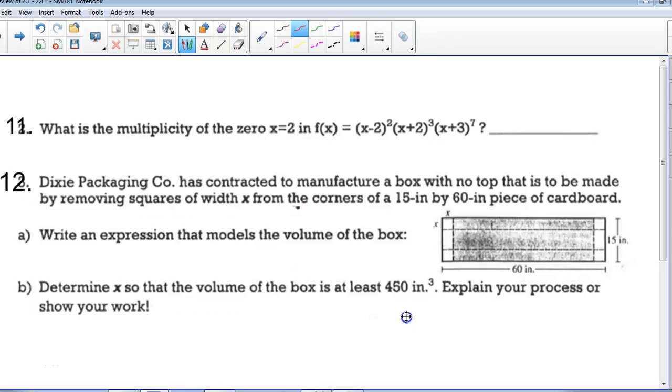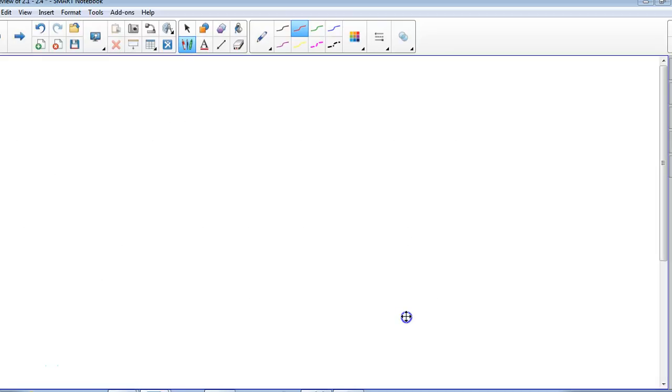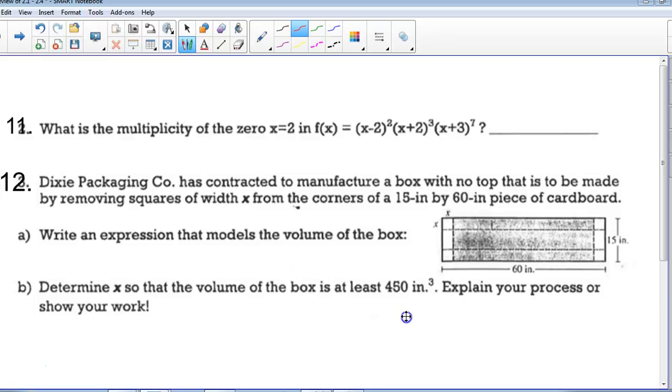All right, you guys can figure out that one. You think you got this box question or you need help? You think you got the box? Excellent. The volume is just, how long would this be right here, guys? If it was 15 and we took off an x and an x, minus 2x.